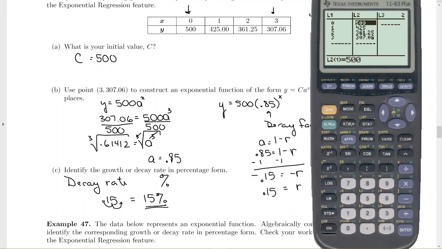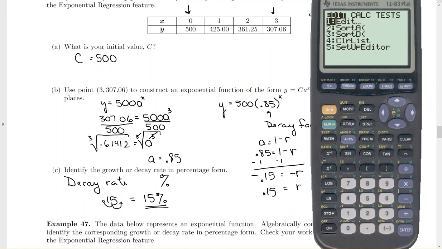And once you have those typed in, go back into Stat, and you're looking for the exponential function. So I'm going to go into Calculate, and then I've got to scroll down because I'm looking for ExpReg. Right there, number 10. And for my calculator, I have to hit it twice.